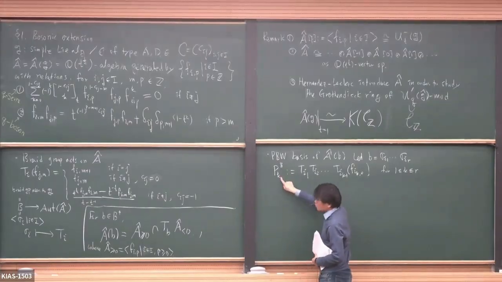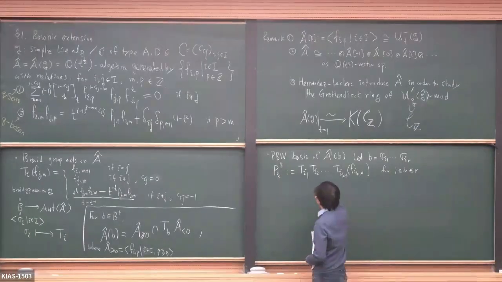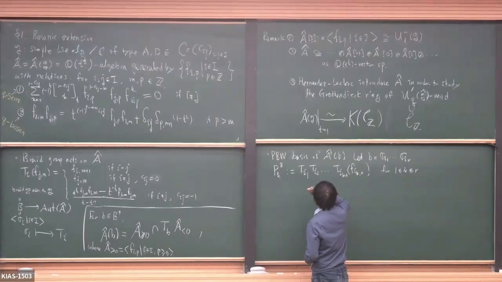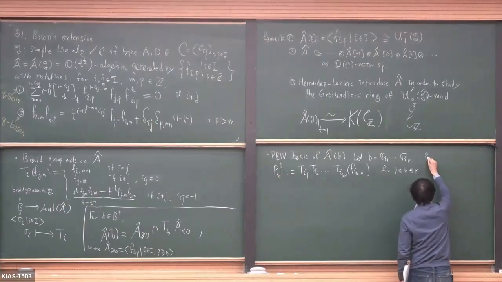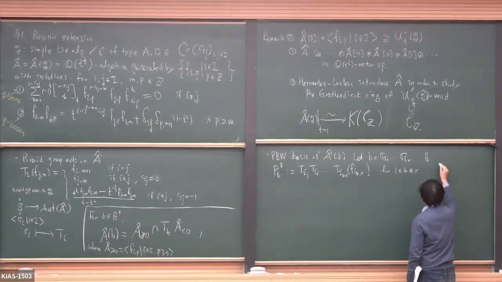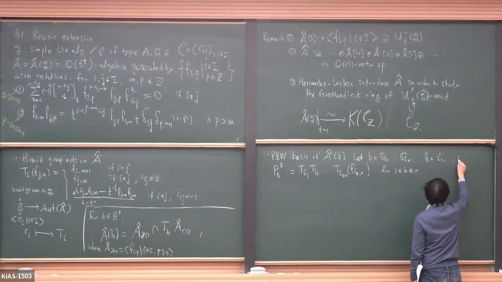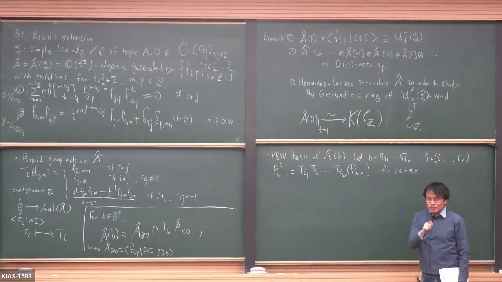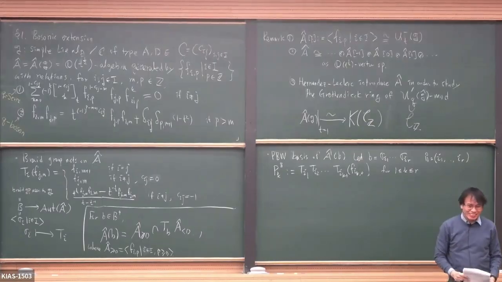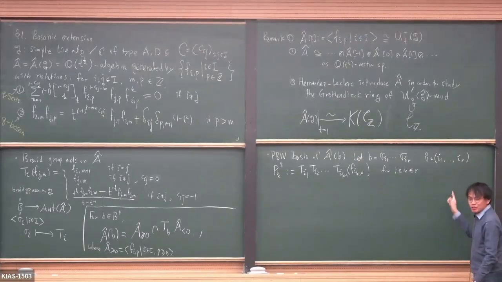This one? I think it's the boldface i for the sequence. Yes, I'm sorry, you're right. It's a boldface i, i_1 to i_r. Thank you. So it depends on the choice of i.